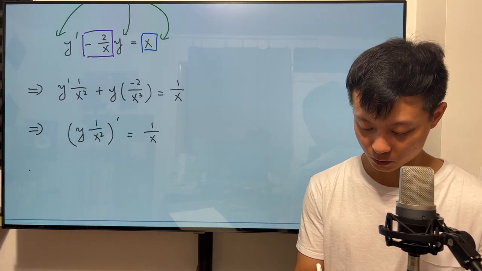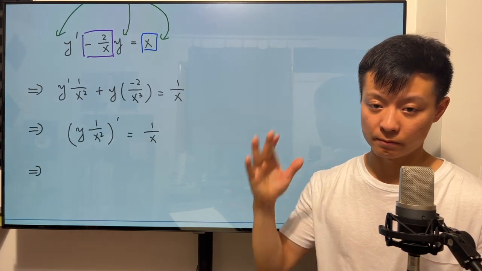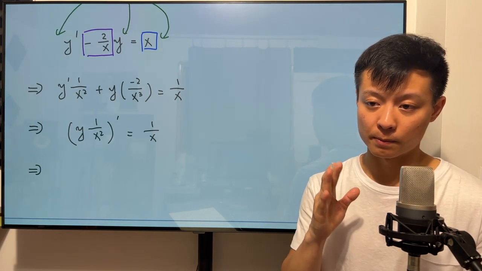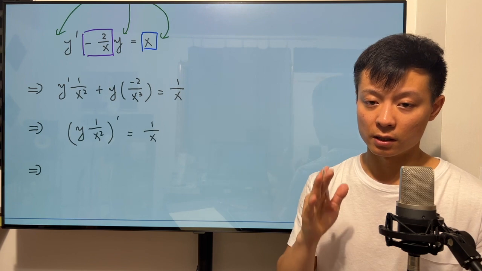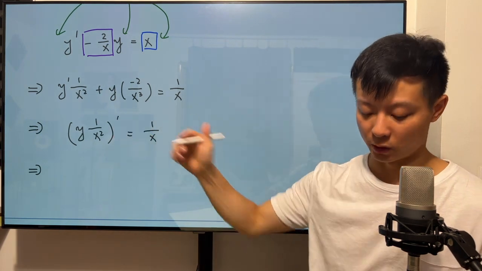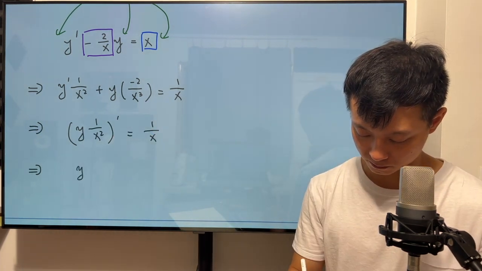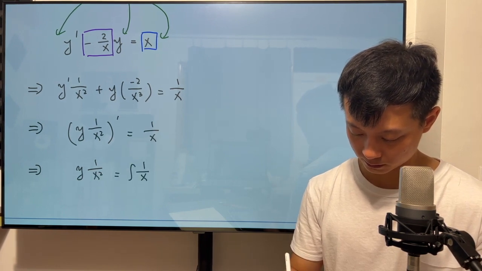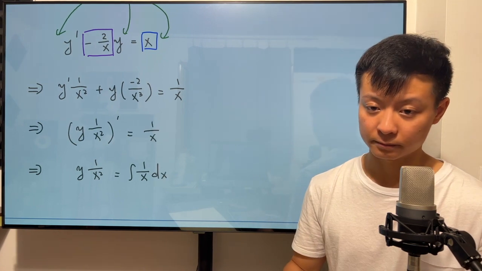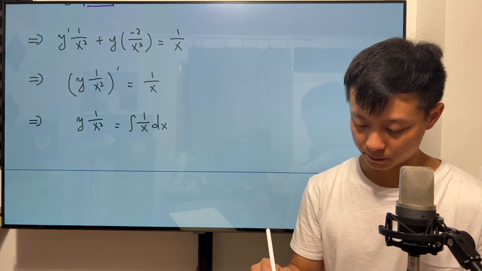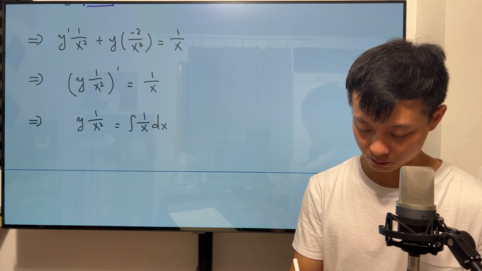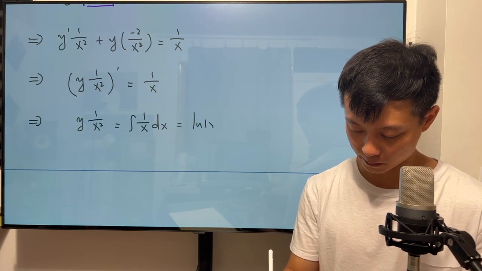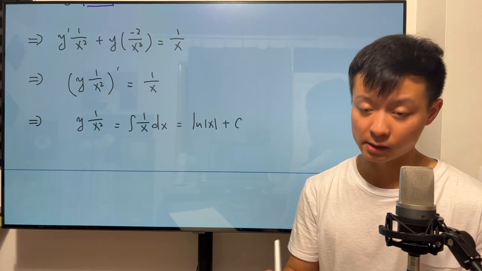Next thing, just follow the procedure as before. We take the antiderivative on both sides with respect to x, which is going to help us remove this prime. So that's going to become this equal to the antiderivative of that dx. And then we're going to proceed through, going to have this become ln absolute value of x plus c.